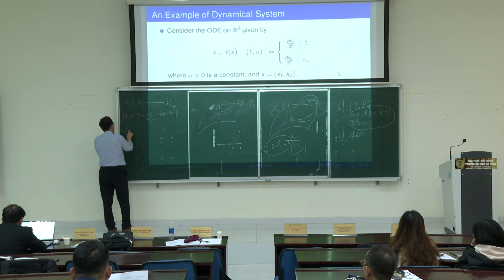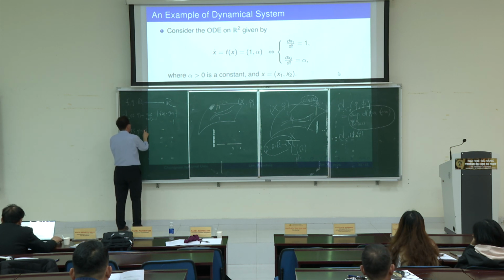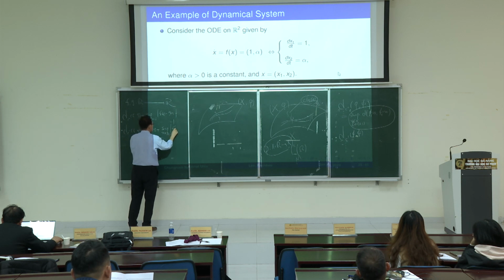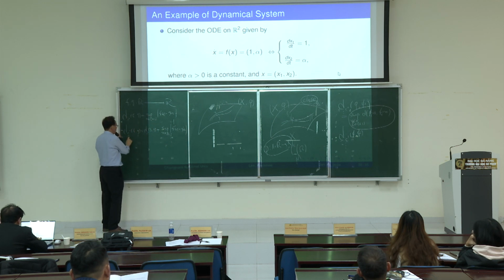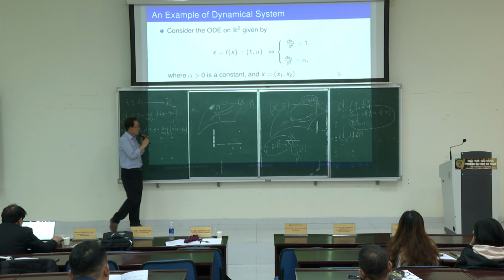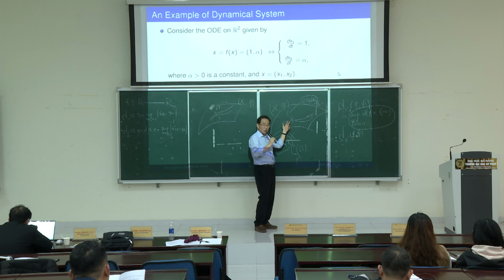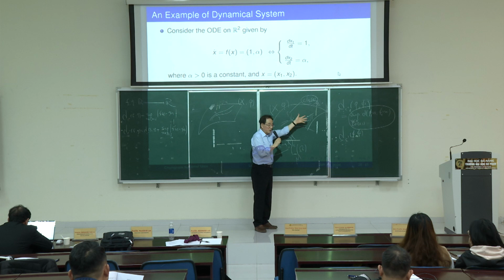And the C1 distance d_C1(f,g) is d_C0(f,g) plus the supremum over x in [0,1] of |f'(x) minus g'(x)|. This is the C1 distance, and similarly the C2 distance. In this sense, we can give the distance between two dynamical systems. If they are close, are the orbital structures close or not? Are the dynamics close or not?